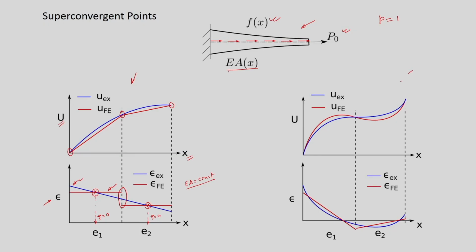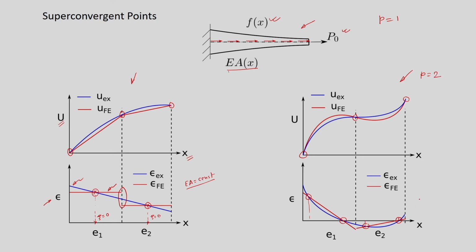Now, the same thing has been demonstrated here for degree p equal to 2, where as you see the displacements are accurate at the nodes, and strain values are accurate at 2 points in each of the elements, and these are found to be the Gauss points for p equal to 2.